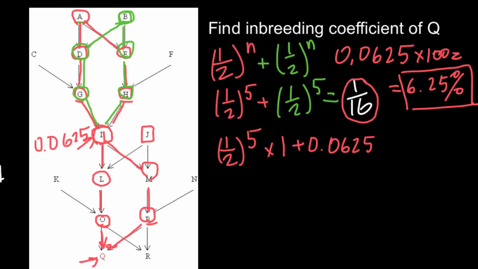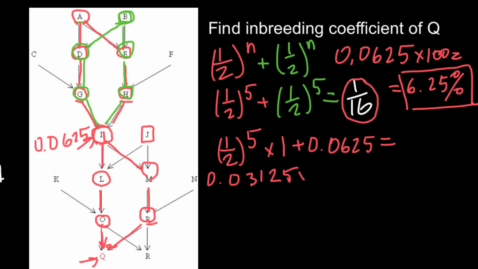So instead of this fraction and this decimal number, let me rewrite so everything would be as decimals. So 1/2 raised to the 5 is going to be 1/32, 1 over 32, and if we divide 1 by 32, we are going to get 0.03125.